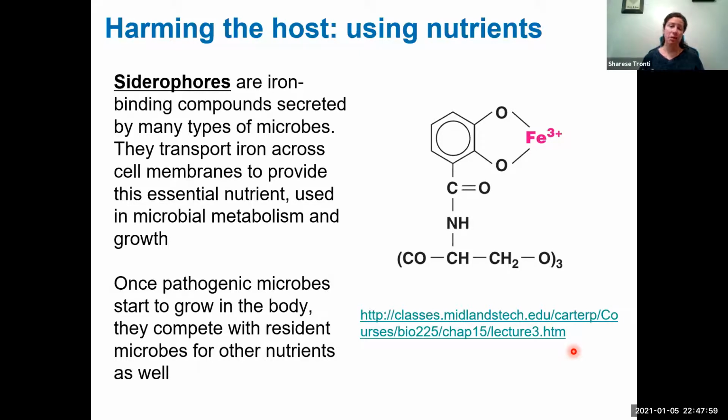So it's going to take iron away from the host. It also removes the iron and doesn't let it be used by the resident microbes. Resident microbes want iron too, but if these pathogenic microbes are taking all the iron, they're no longer going to have iron. So then the resident microbes will die, which will give more nutrients and more space for the pathogenic microbe.